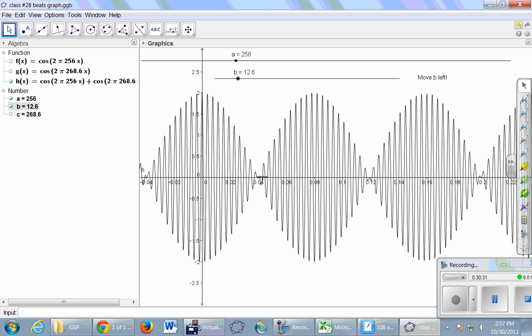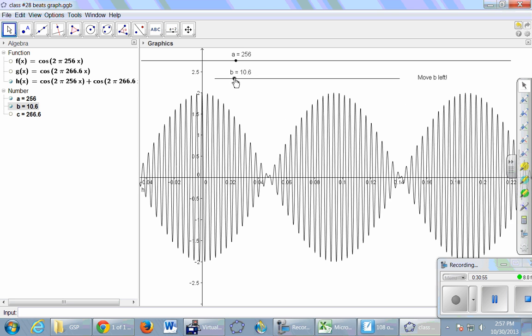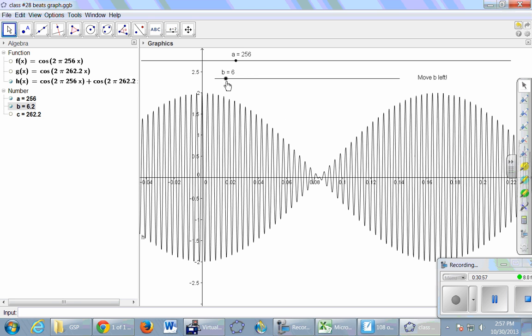And literally what you hear is the sound being very quiet right there, and then getting louder, louder, louder, and then getting quieter and quieter until it kind of blinks out of existence. And so that's one beat that you would hear. Now it happens way quicker than I'm talking here, but you'd hear it get loud and then soft and then just vanish for a moment, loud and then soft and then vanish.